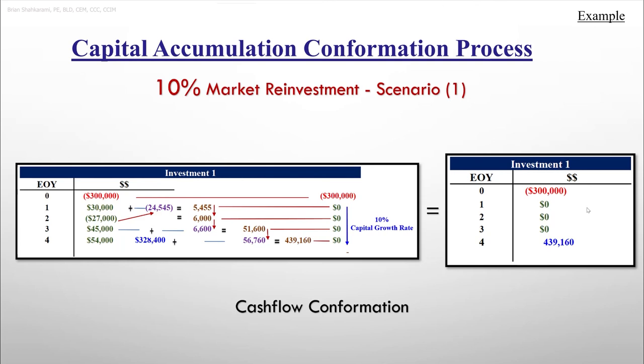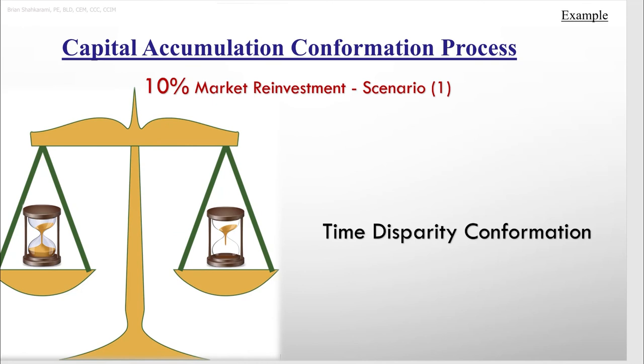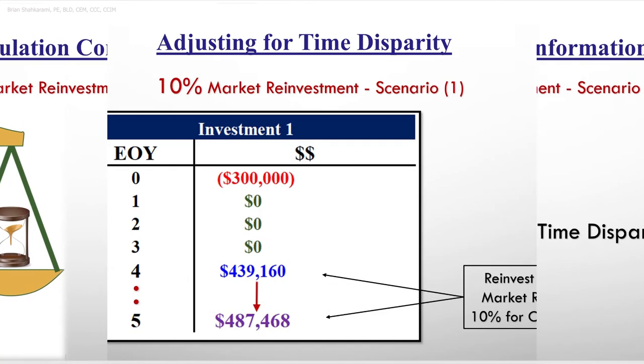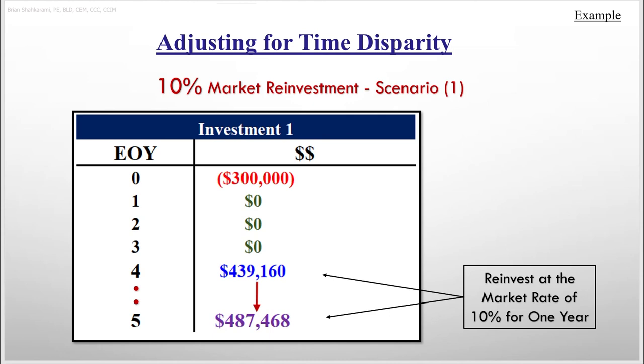And this is our investment conformed for 4 years. Initial investment, accumulated capital. Now we take this and we have to make adjustments for time disparity. And we easily do this by projecting the accumulated capital at year 4, 1 year into the future at an investment rate of 10%, which gives us $487,468.